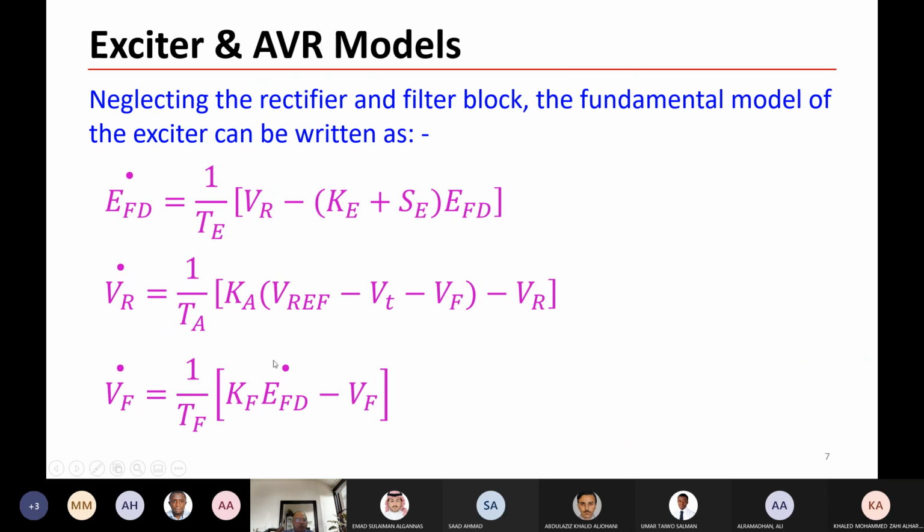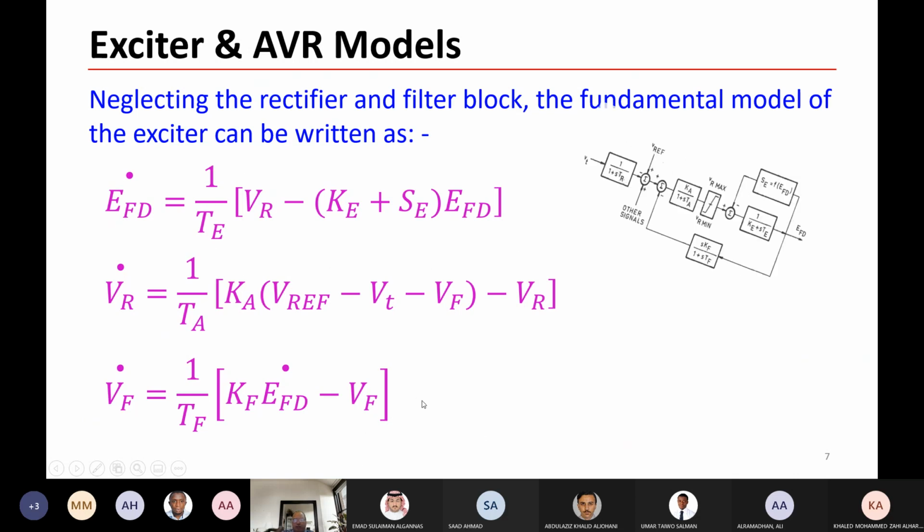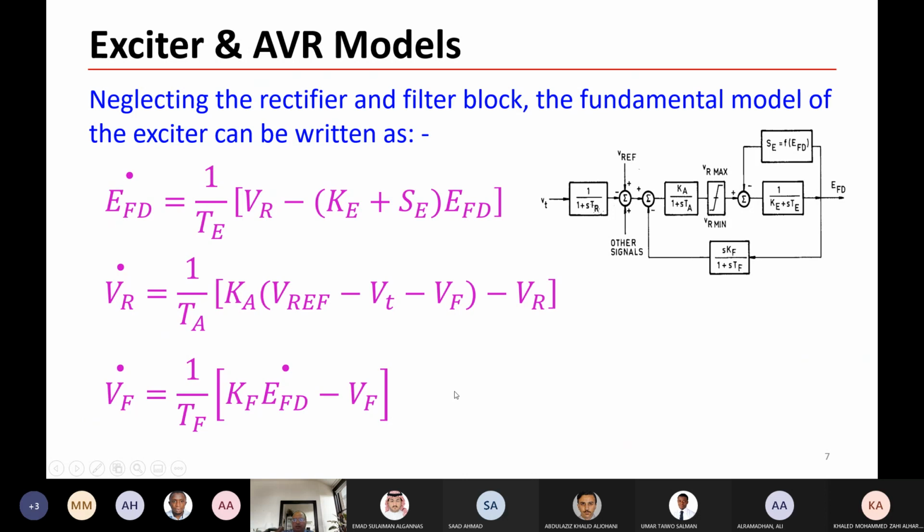Of course, you can replace the EFD dot from here by all this quantity. Okay, so this is the block diagram. Is it clear how to develop the third order model for this block diagram? I think it is straightforward.